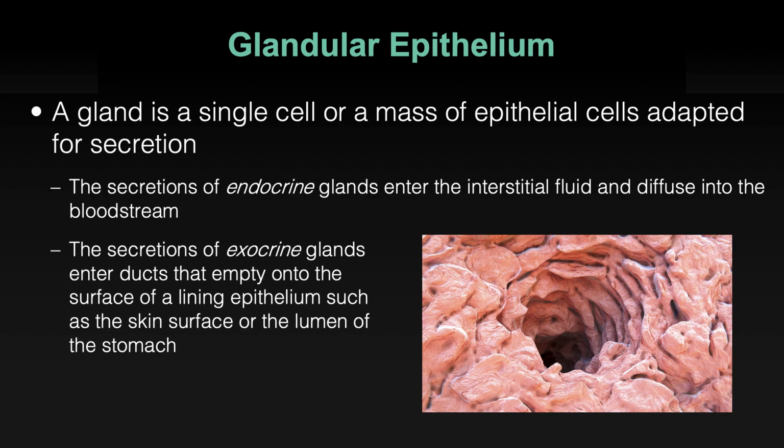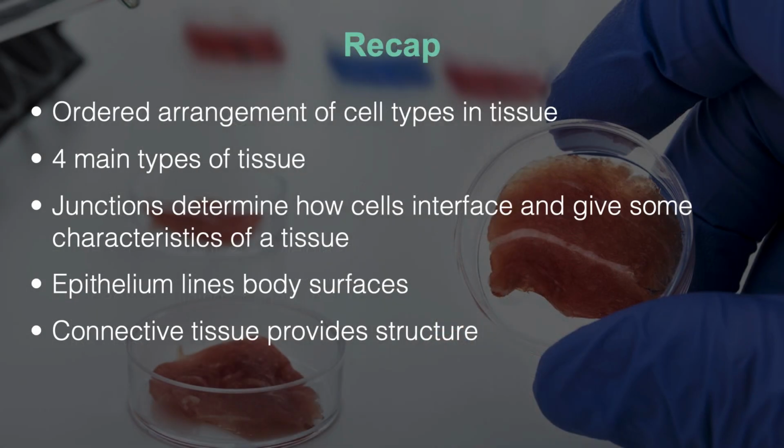So, a brief recap on this section before we get into the integumentary system. These are questions that I might have asked via Turning Point, but I just want to make sure we're all on the same page. Cells are ordered in a specific manner and of specific types within a tissue. There are 4 main types of tissues that we looked at. You should be able to name them, hopefully.